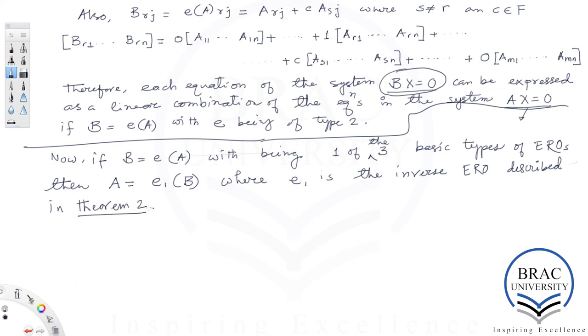So why is it the case? Because if you plug in A here, you immediately see that you get B back, meaning that E of E1 of B is equal to B. This is why this holds. You can always find this inverse operation E1. So it tells us that A can be obtained from B by an elementary row operation, which is E1.